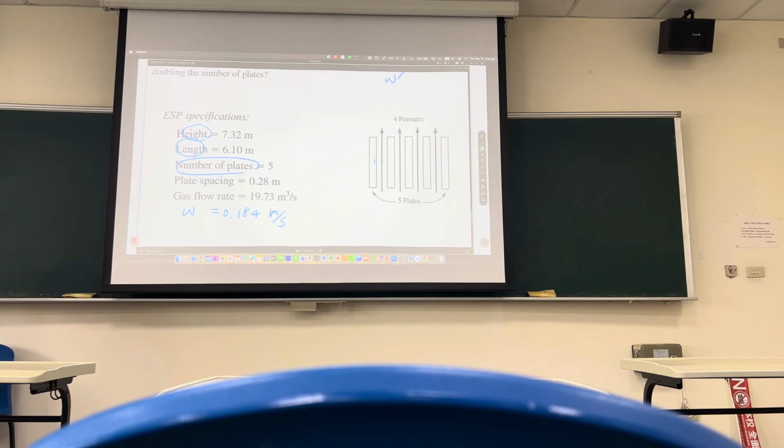But 1, 2, 3, 4, 5, so the outer sides don't count. Understand? So only the inside area counts.